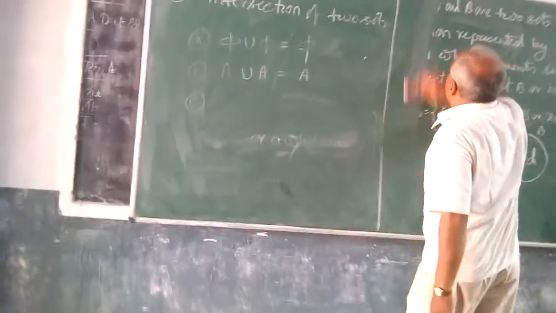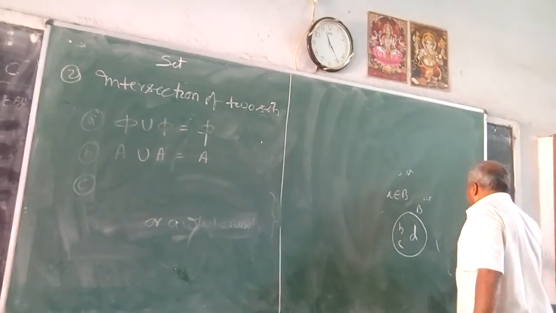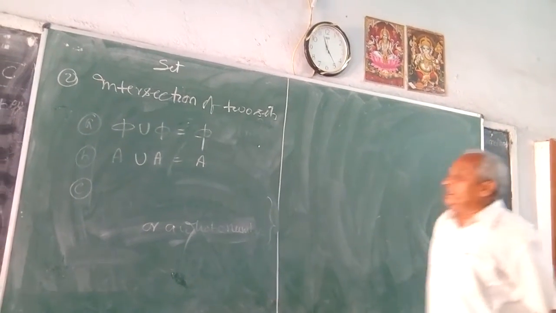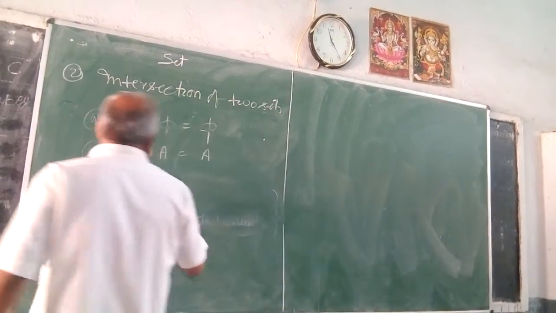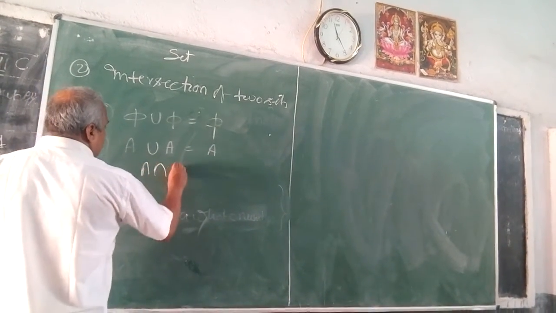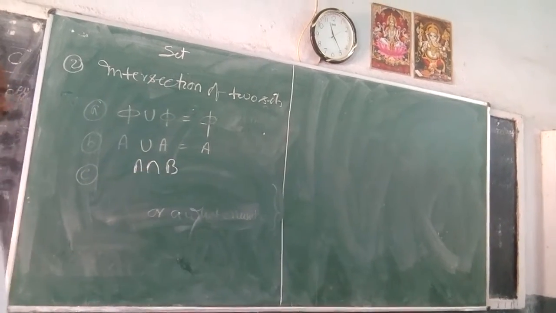We will start with the help of an example. An intersection is symbolically represented by this type of symbol. If A and B are two sets, then the intersection of A and B is represented in this form. It is A intersection B.